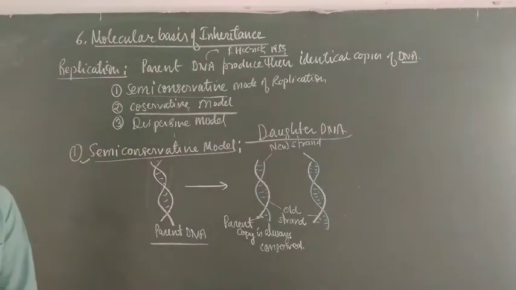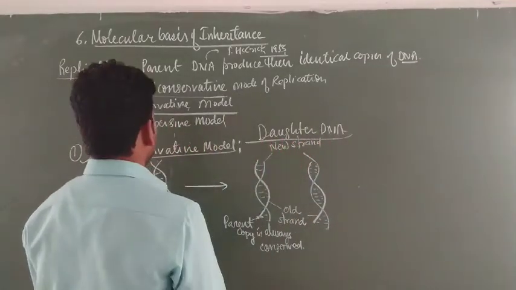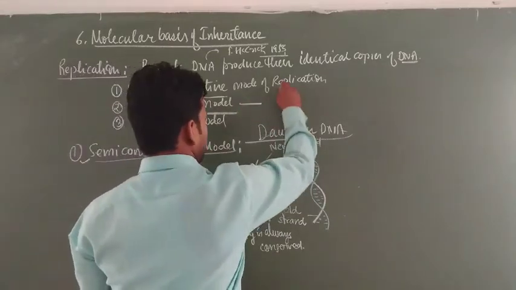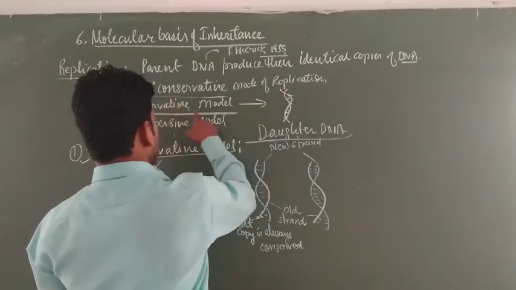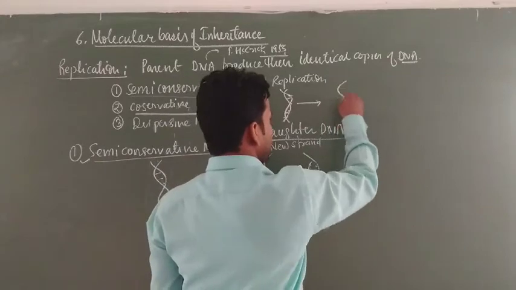The conservative model states that DNA replication would create a new DNA double helix made up of two daughter strands. According to this conservative model, this is a parent DNA. The parent DNA synthesizes two DNA strands.